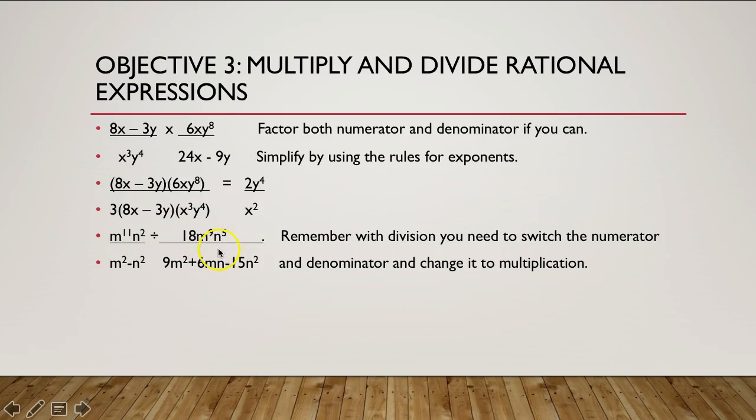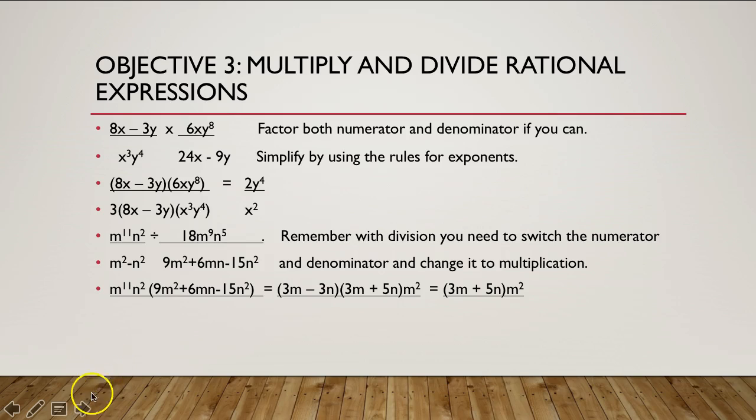Here we're going to be dividing, but remember with division you just switch the numerator and the denominator and change it to multiplication, so that you get m to the 11th n squared times 9m squared plus 6mn minus 15n squared over m minus n times m plus n, and that's the difference of perfect squares here that I factored.